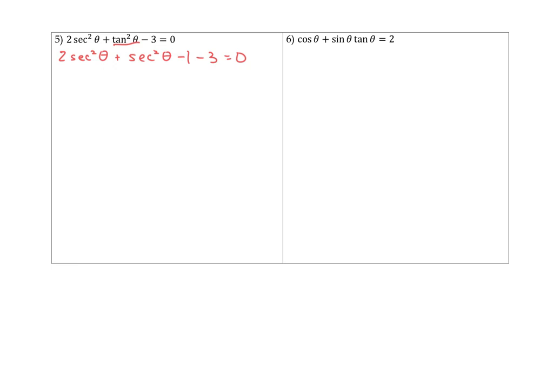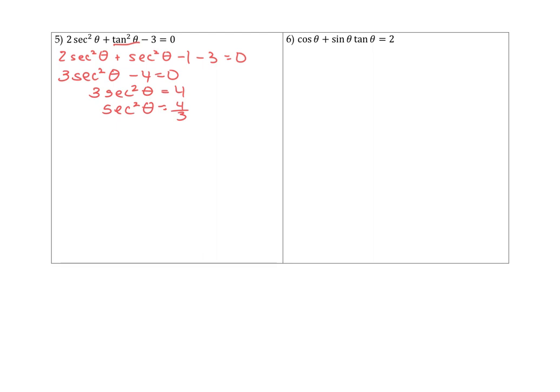Now I'm going to combine my like terms and get 3 secant squared theta minus 4 equals 0. I'm going to isolate this first, and I'm going to add that 4, so 3 secant squared theta equals 4. I'm going to divide by that 3, so secant squared theta equals 4/3.